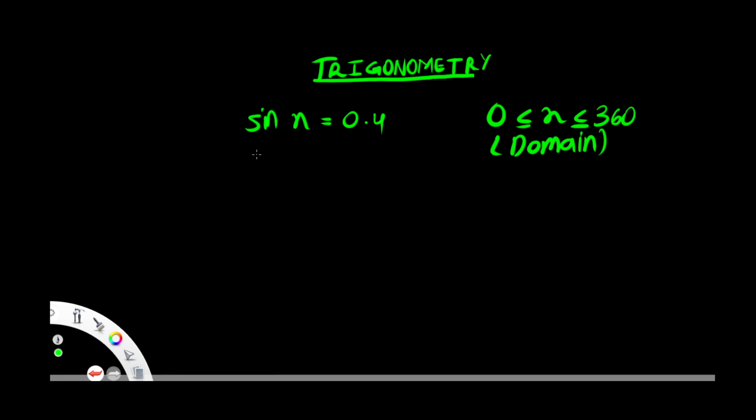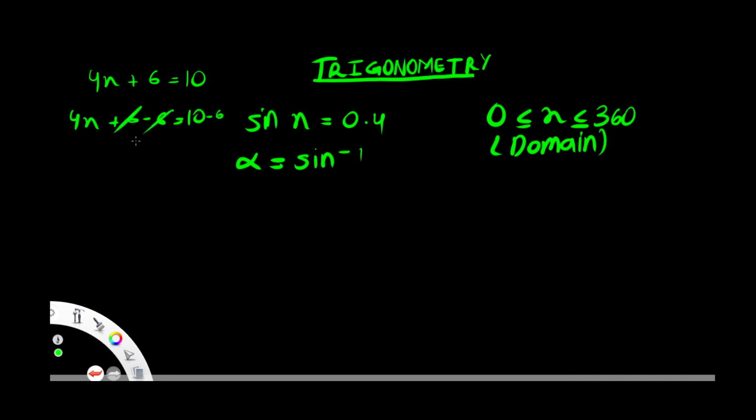So how do we calculate sine x equals 0.4? In order to calculate an angle, we simply inverse. For example, let's say 4x plus 6 equals 10. What we do is subtract 6 from both sides, so 4x plus 6 minus 6 equals 10 minus 6.